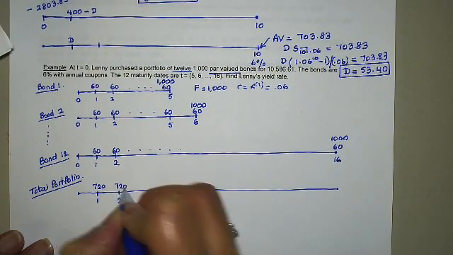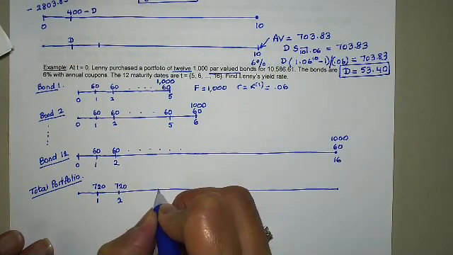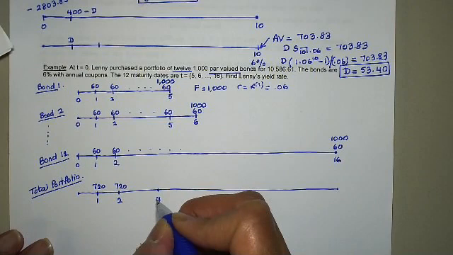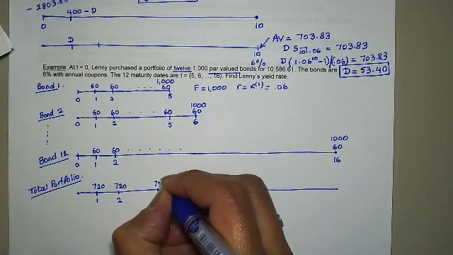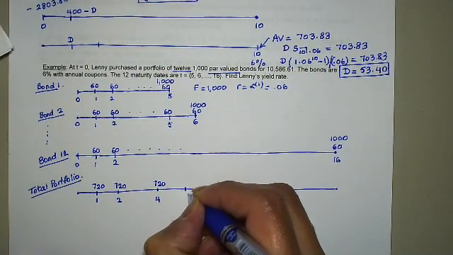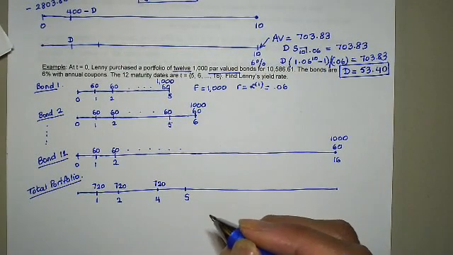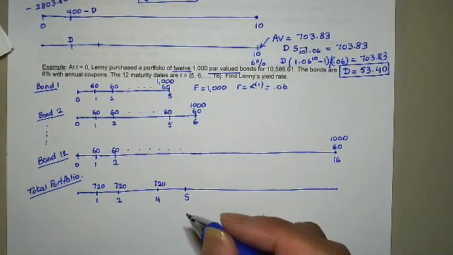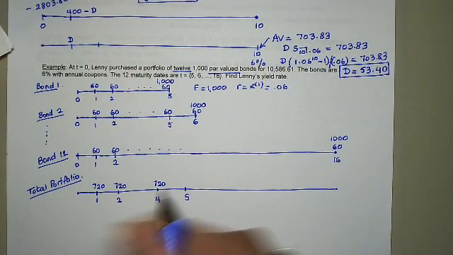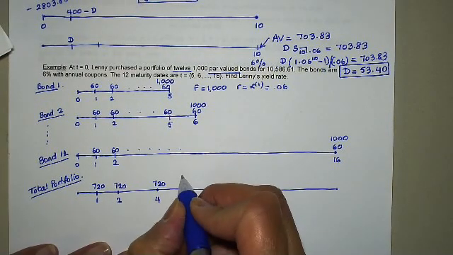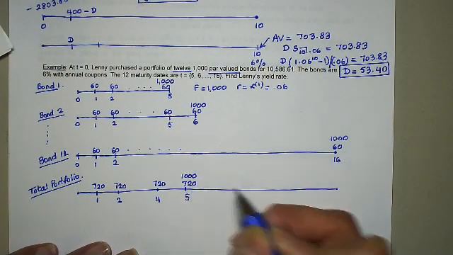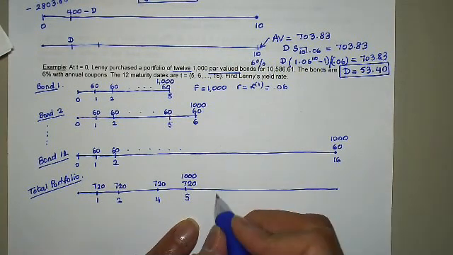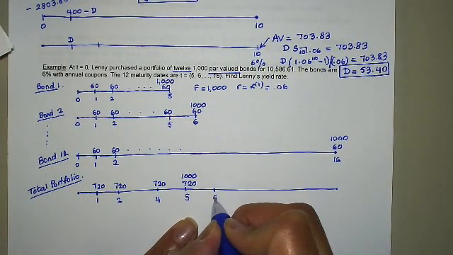And at time 2, again 720. How about time 4? 720. Time 5? Redemption now. Now I have the first redemption, right? So 1,000 plus 720.